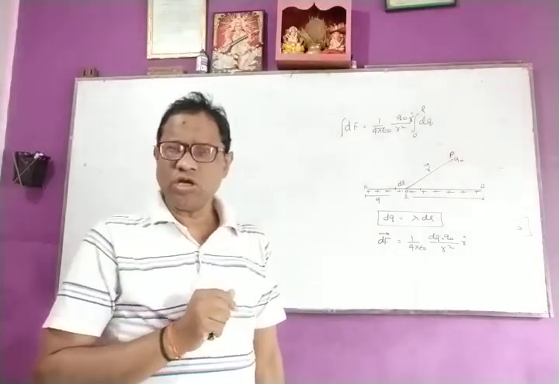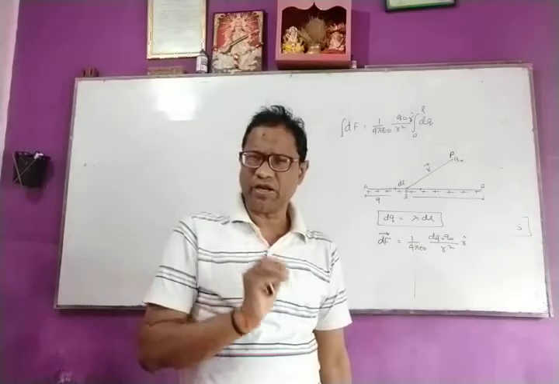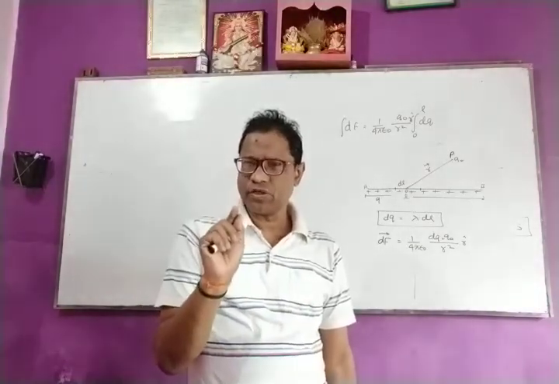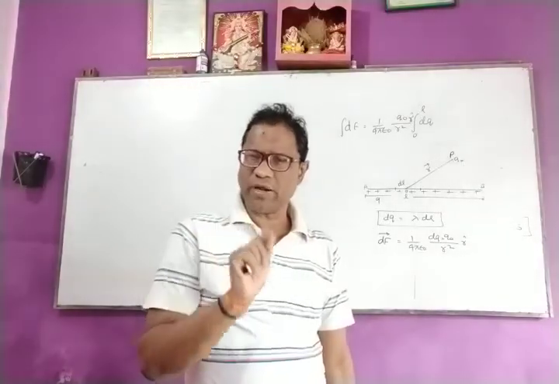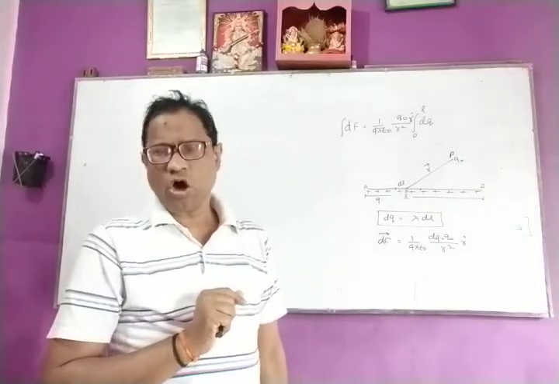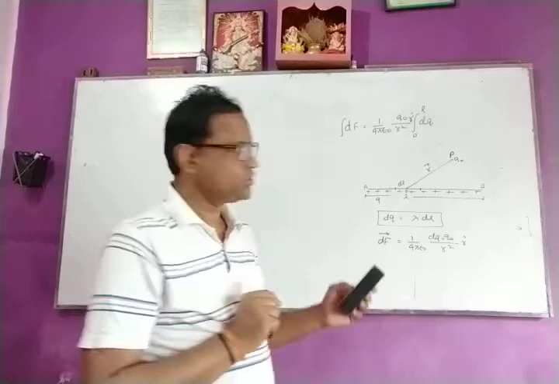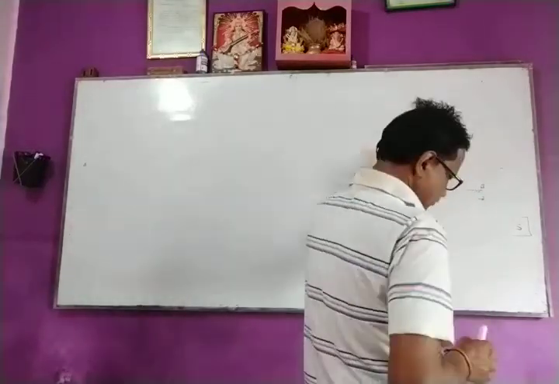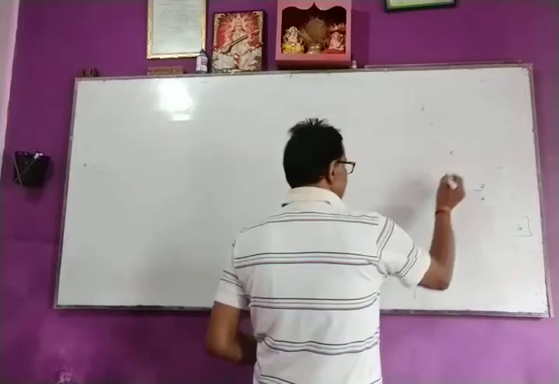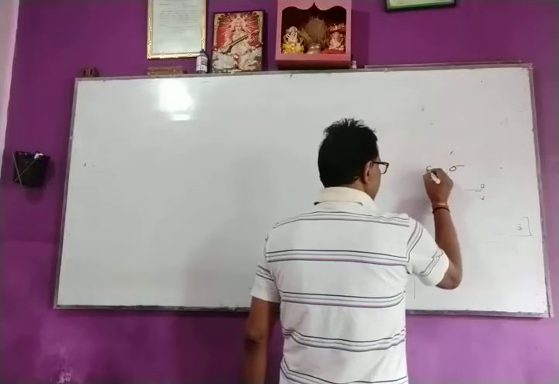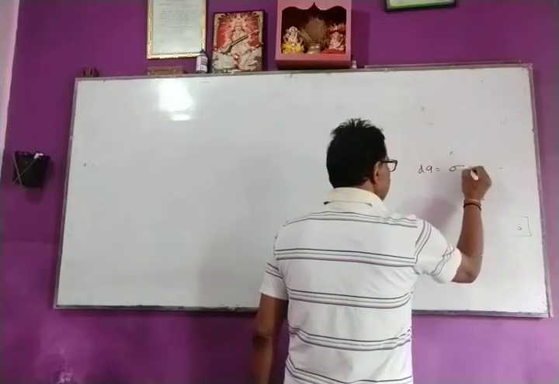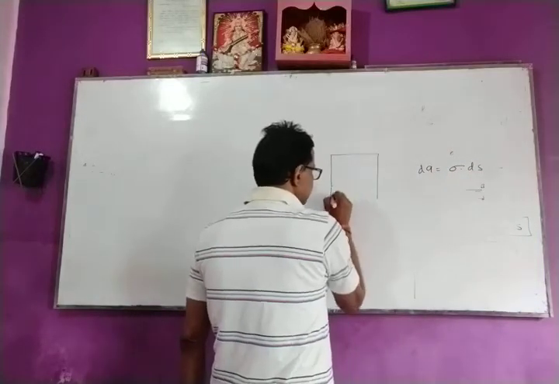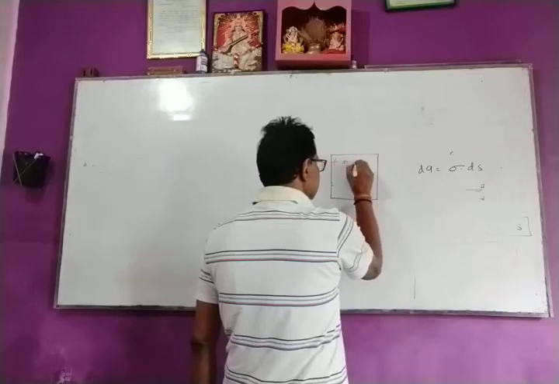So now consider a small element of area ds. So then charge on a small element of area ds, we can write dq is equal to sigma dot ds.